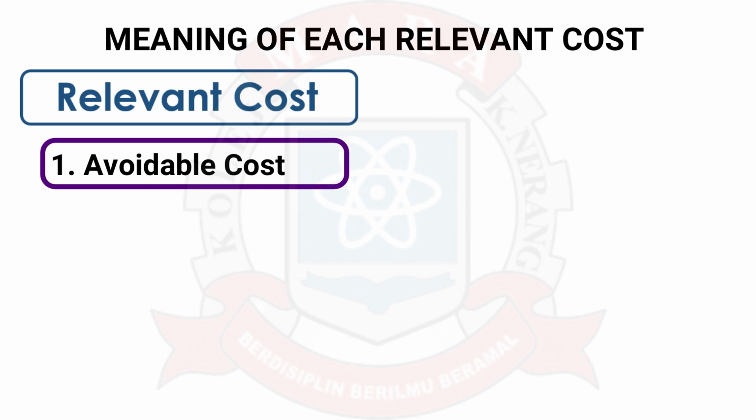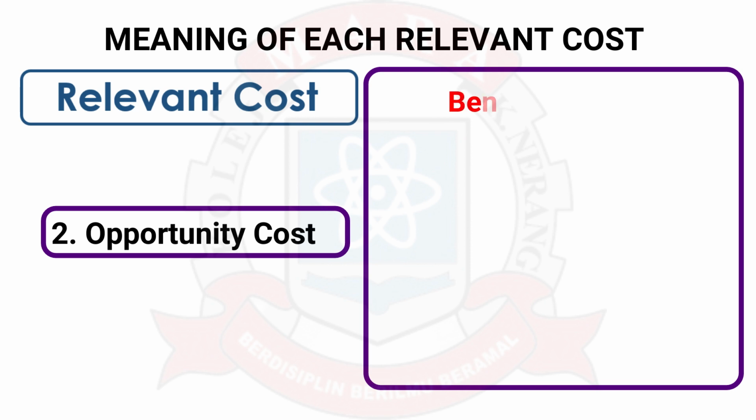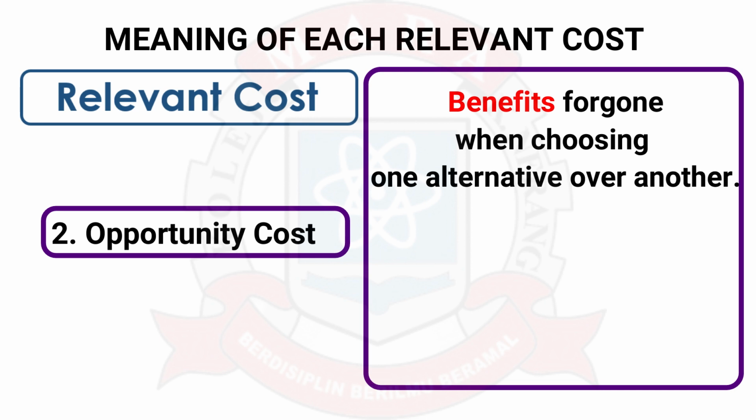So now, the second type of relevant cost is opportunity cost. Benefits foregone when choosing one alternative over another is the meaning of opportunity cost.